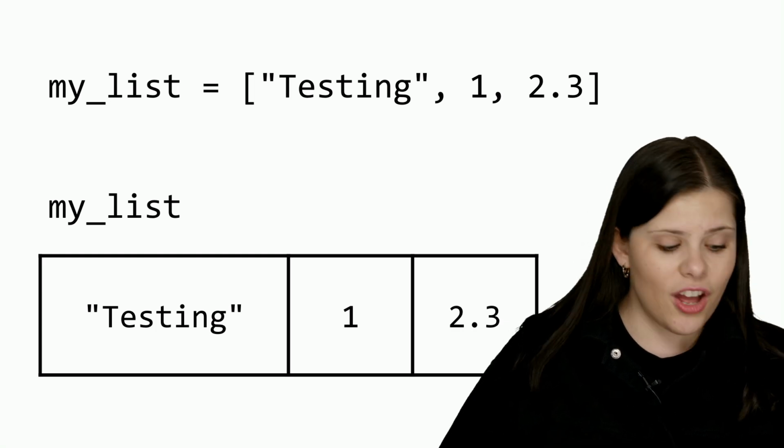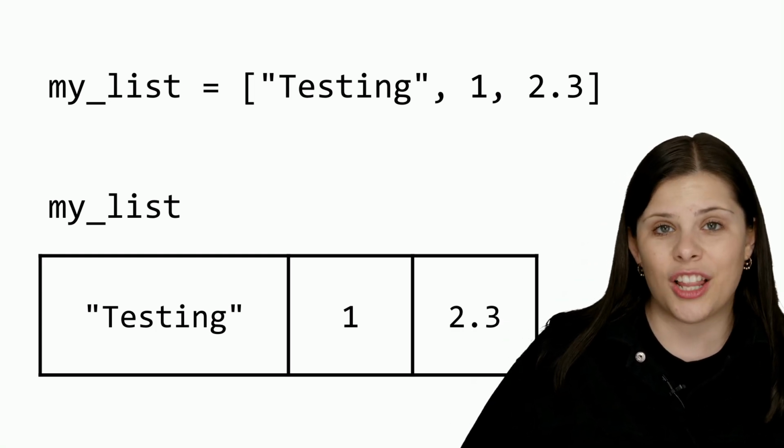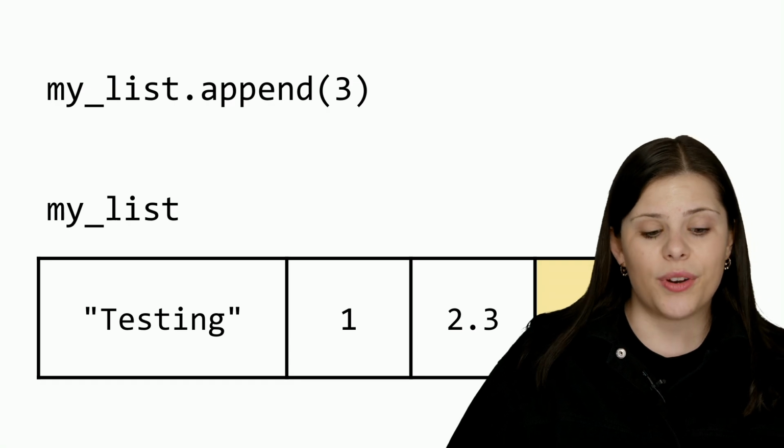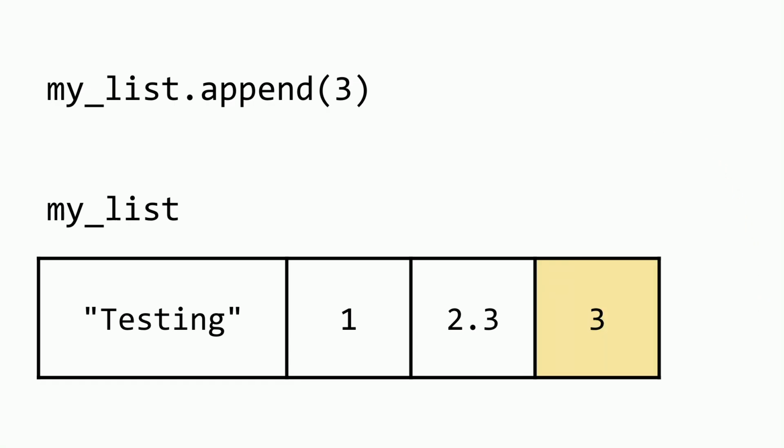But in Python now, all it takes to add another element to the list is one line of code. If I simply write my list.append, and inside of the parentheses I put the value or the element I would like to add to the list, that is all it takes. And it gets added to the end of our list.